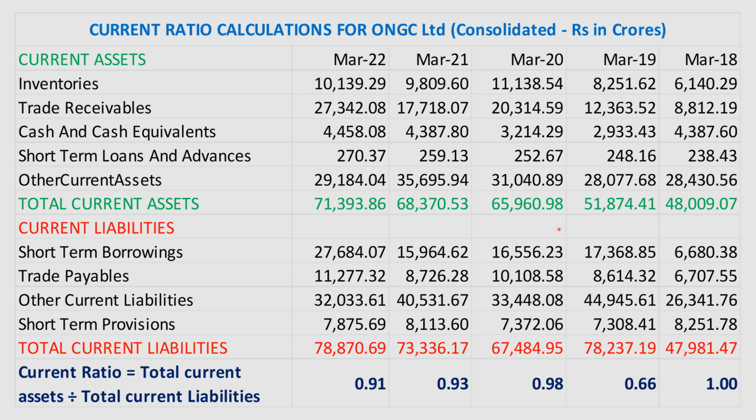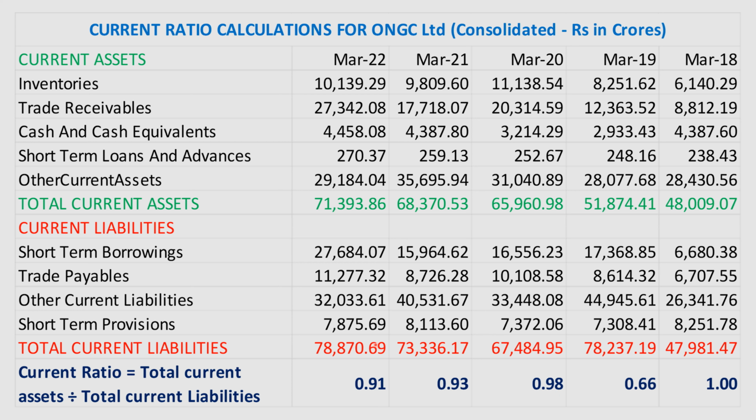In the next year, 2020, there is an increase of current assets from 51,000 to 65,000, so a higher amount of increase. Whereas current liabilities of the company have come down from 78,000 to 67,000. So current assets increased, current liabilities reduced. That's why the current ratio increased from 0.66 to 0.98.